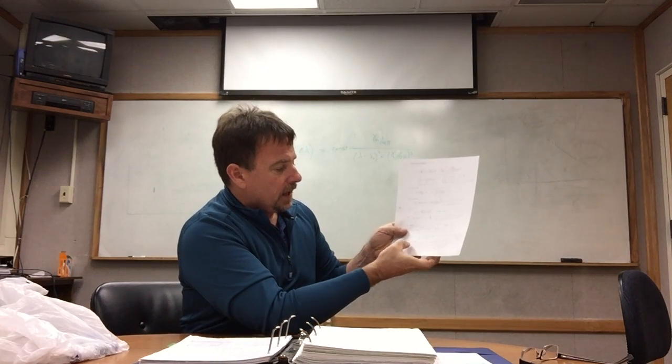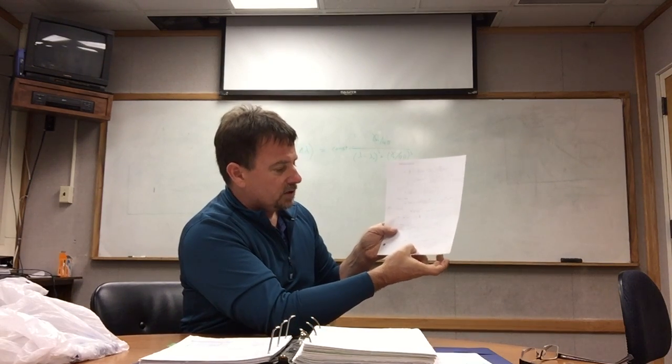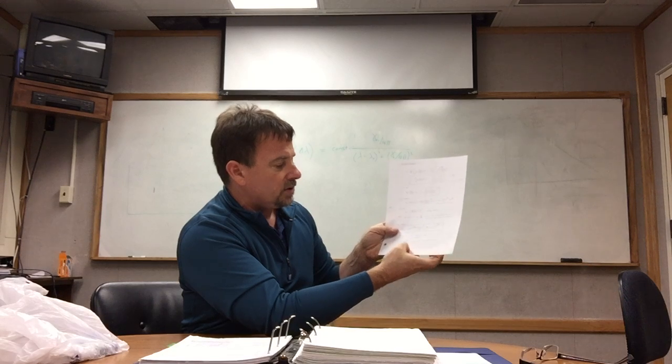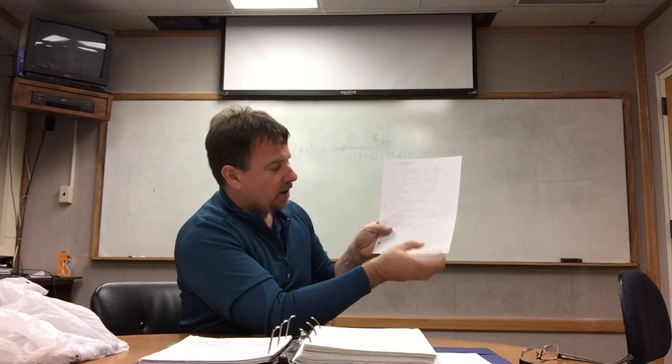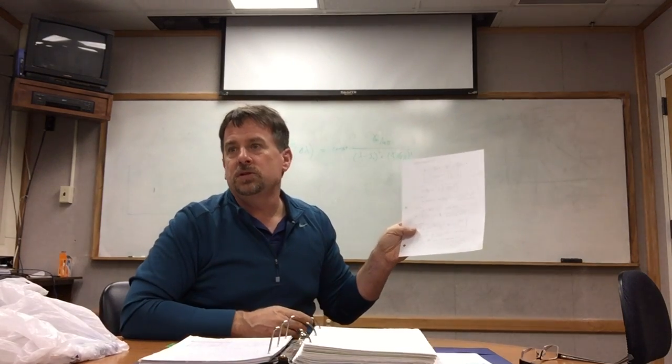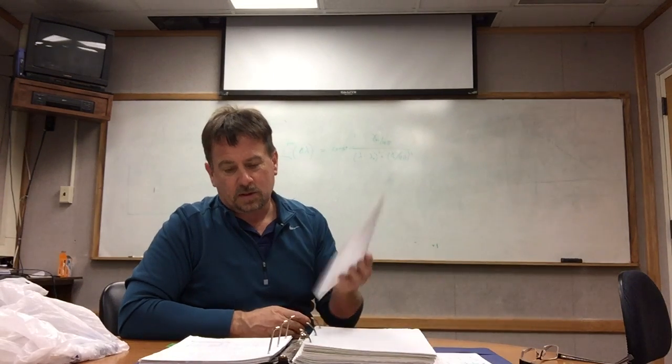These boxes are giving you the temperature dependence for the different n, n equals 2, 3, 4, and 6, what the power is for the temperature, just so you can see how it depends upon temperature.